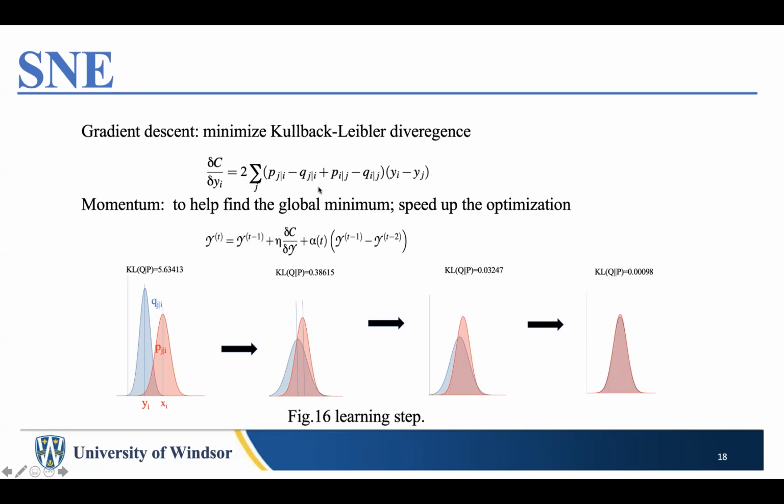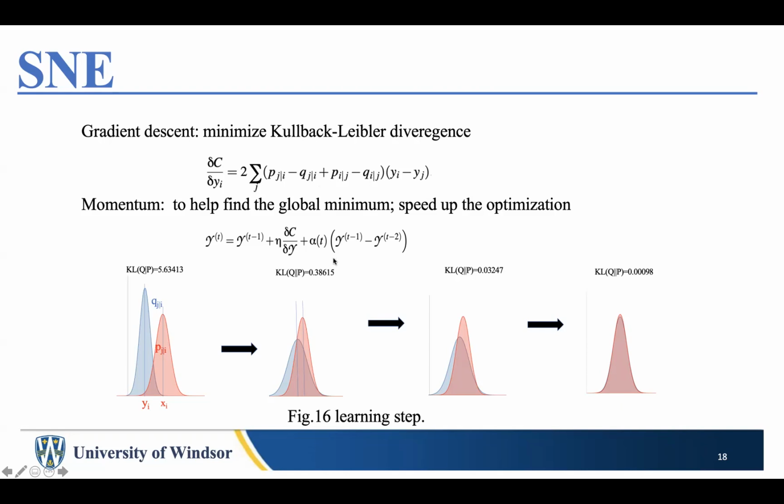In this formula, the solution at iteration t equals the solution at iteration t minus 1, plus the learning rate times the current gradient, plus the momentum at iteration t times the solution at t minus 1 minus the solution at t minus 2.